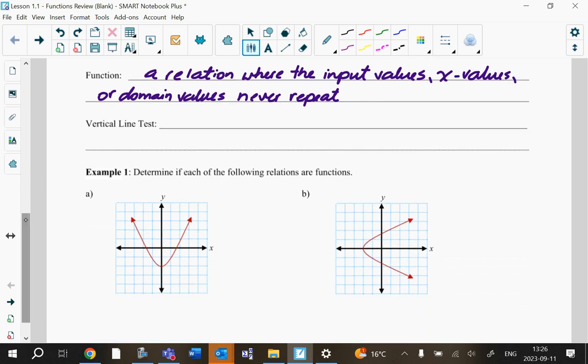Well, we just look at the x values and see if any of them repeat. But how can you tell from a graph? Sometimes it's a little hard to tell from a graph. If you can't draw a vertical line through more than one point, it is or it's not a function?